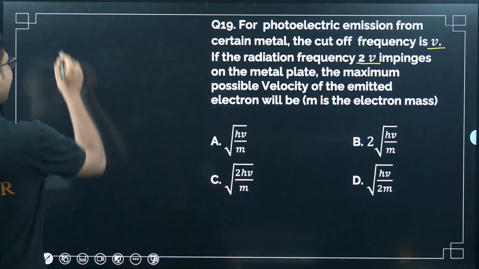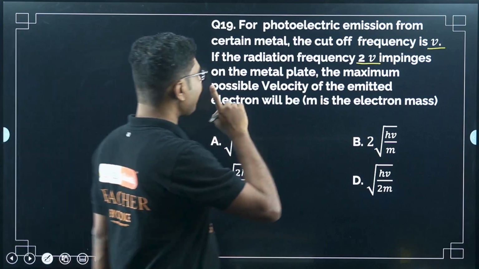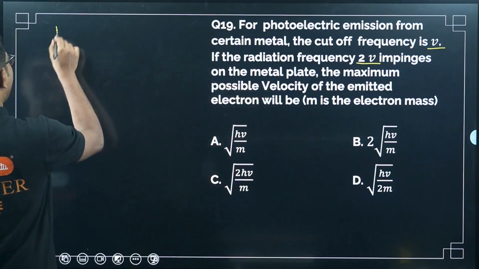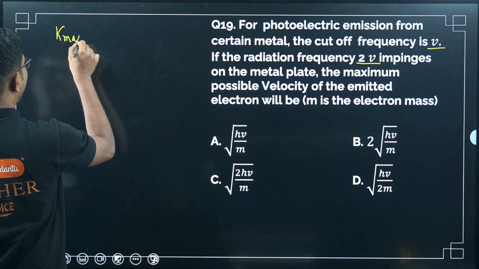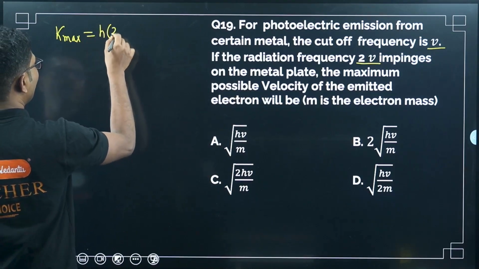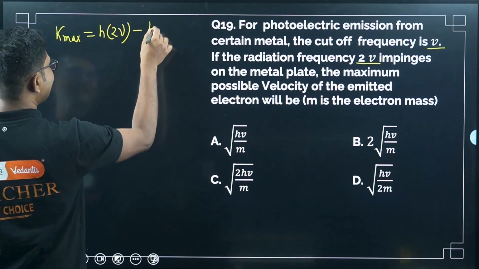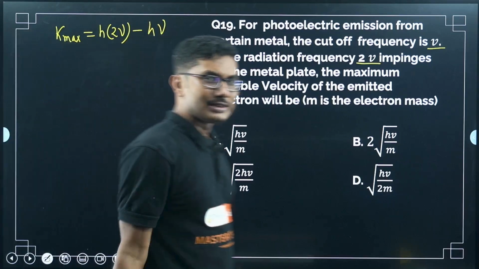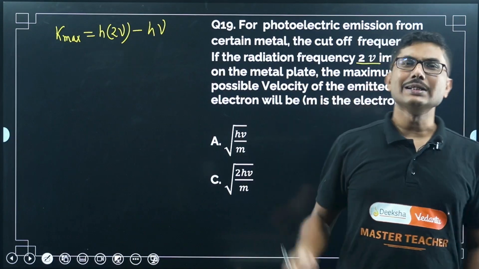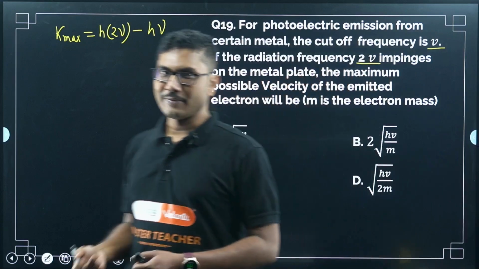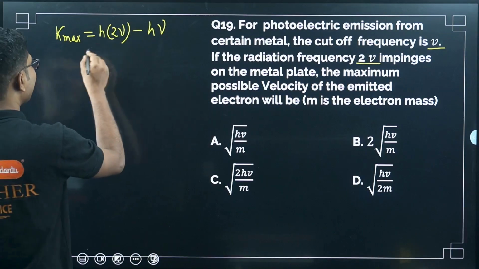They have asked you to find the maximum velocity. So K max is h times 2 nu minus h nu. Here nu naught is nu and the incident frequency is 2 nu. Same formula, we have directly used the values so that you don't get confused.